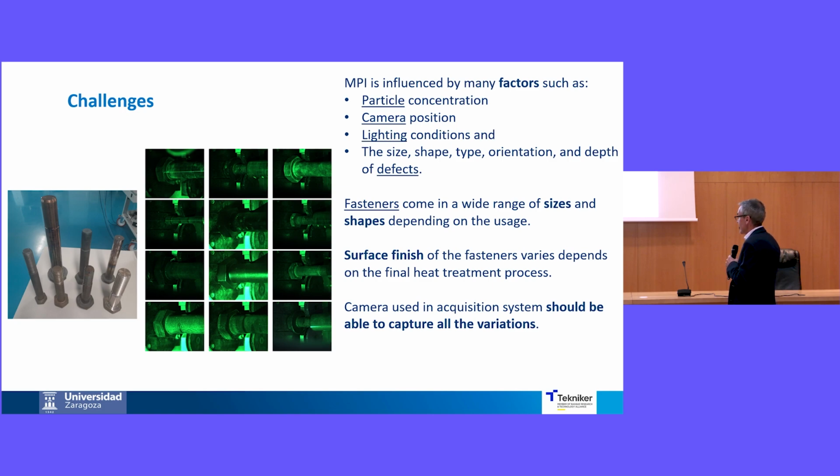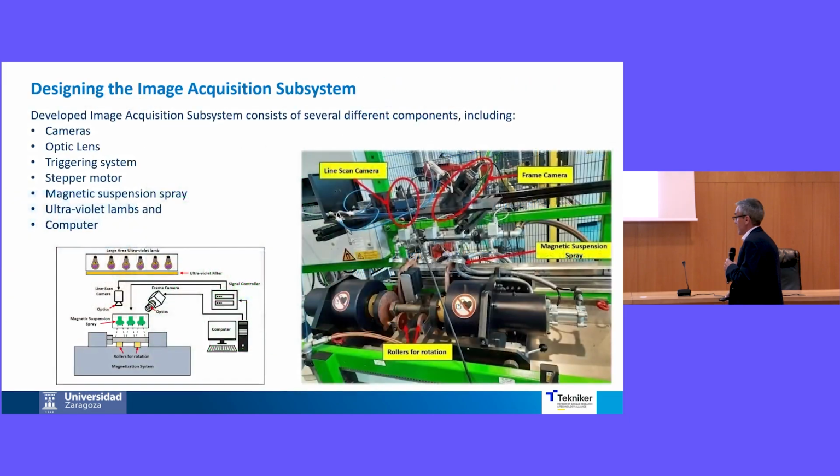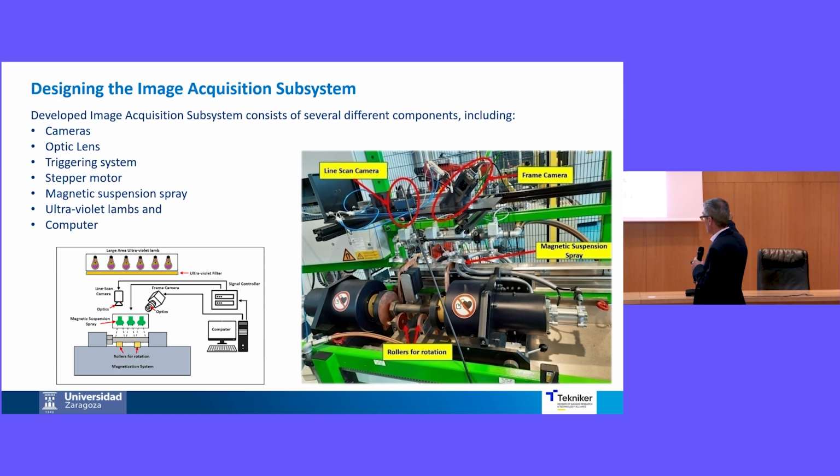We need a visual system, a camera or some cameras, that is able to capture all these variations. This is the final setup he developed. Here is the part. The part has to rotate, and there is a magnetic suspension spray, and here are the cameras. There are two types, frame cameras or line scan cameras.